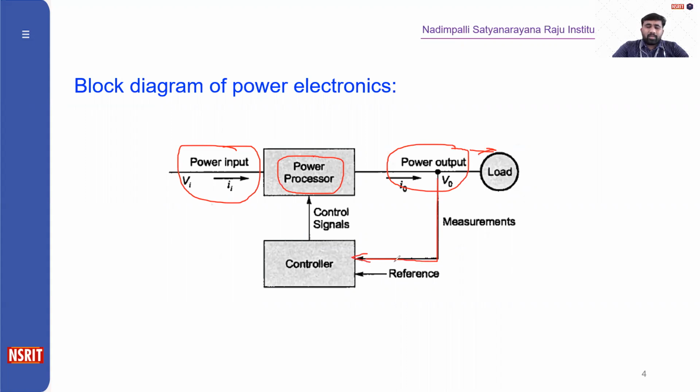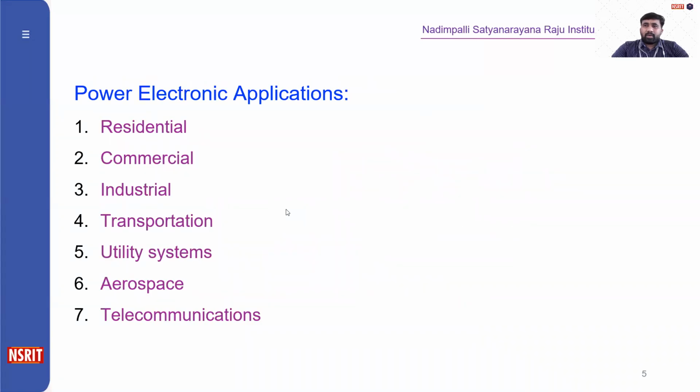This controller will compare this feedback signal with a reference signal and will generate a command signal, also called control signal, to the power processor. Accordingly, the power processor will turn on and turn off. So that is the concept.